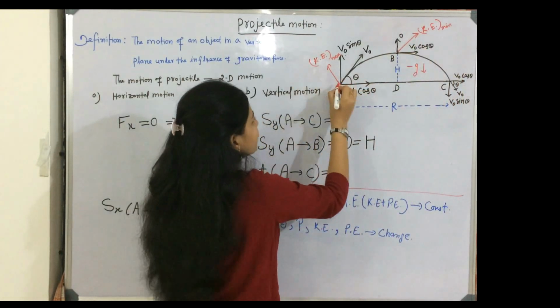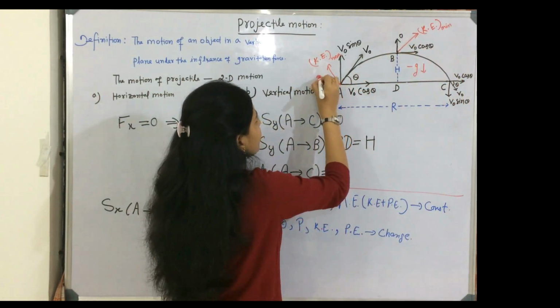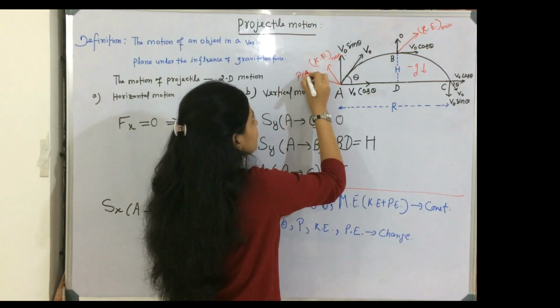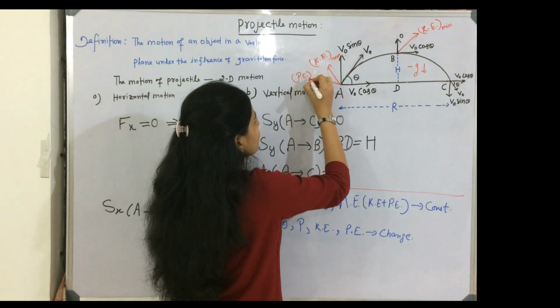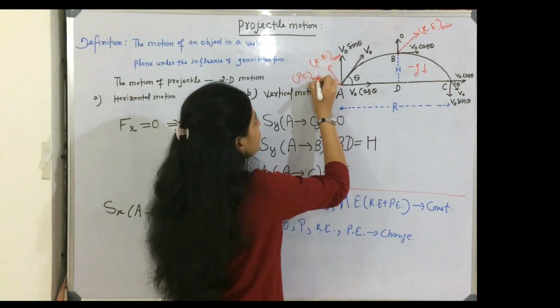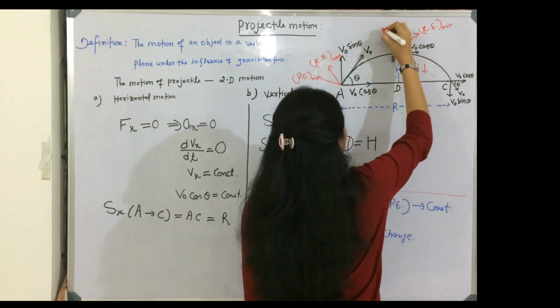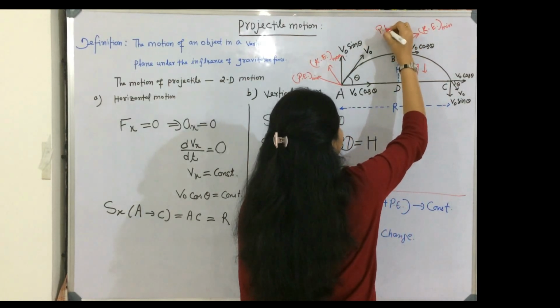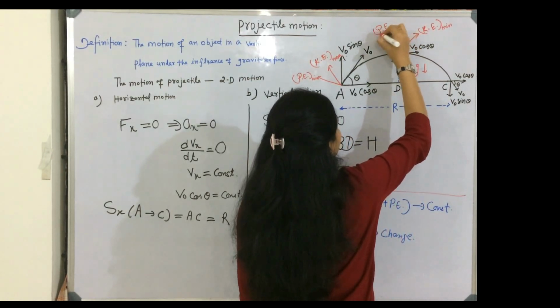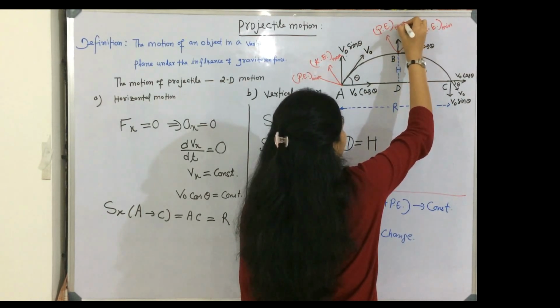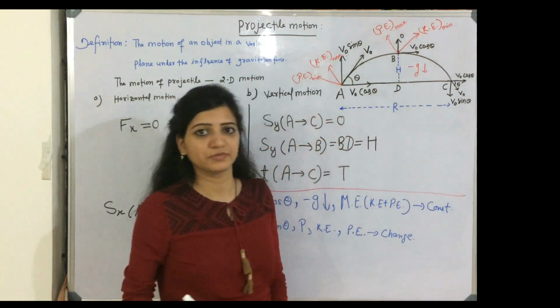Whereas the potential energy at the point of projection is minimum, and potential energy at the highest point of the trajectory is maximum.